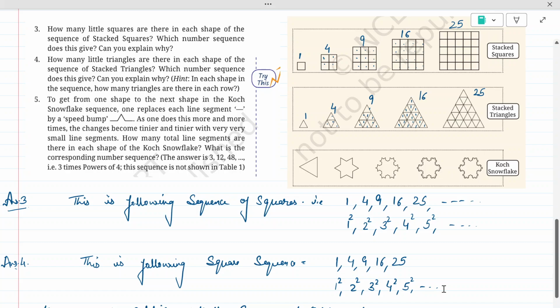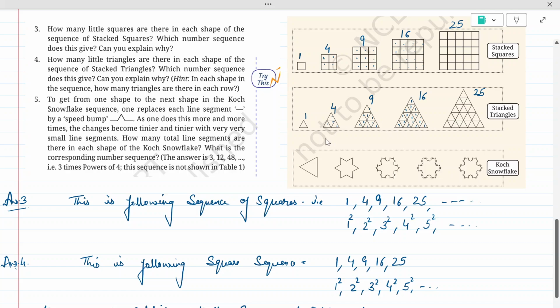But now why did it happen? Because here to this one triangle we are adding 3 more triangles, that is 1 plus 3. To this 1 plus 3, I mean these 4, we are adding 5 more. It became 1 plus 3 plus 5. To this 1 plus 3 plus 5 triangles, we are adding 7 more triangles in this last row.